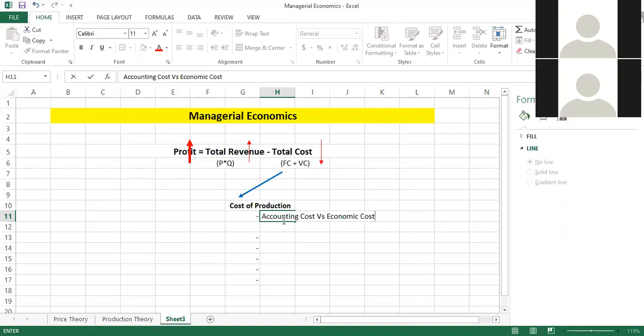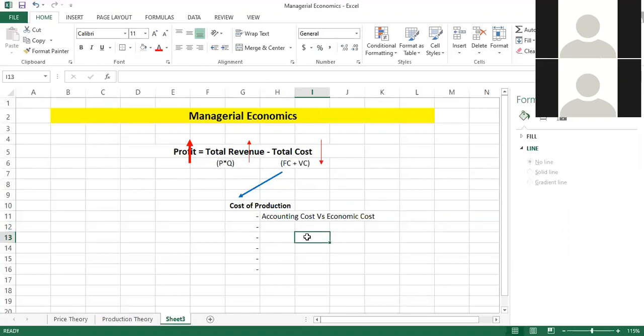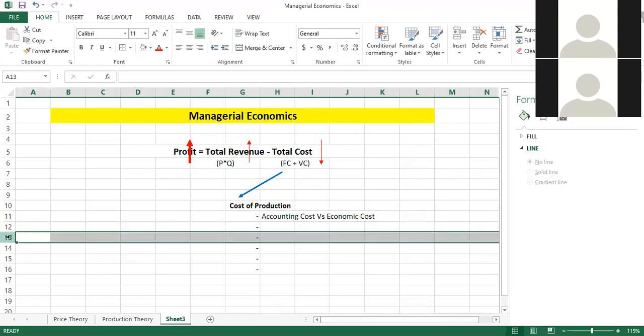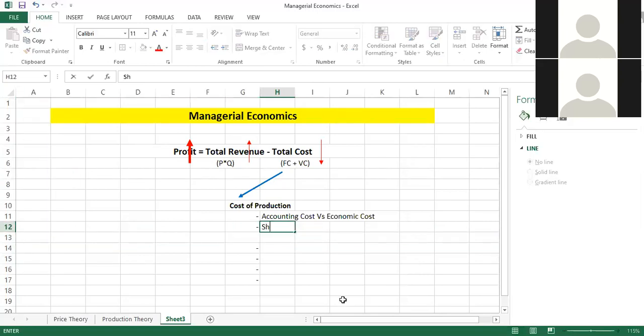Similar to the production theory, when we talk about cost we need to talk about short run and long run cost. When we analyze short run cost, short run means there are fixed factors.